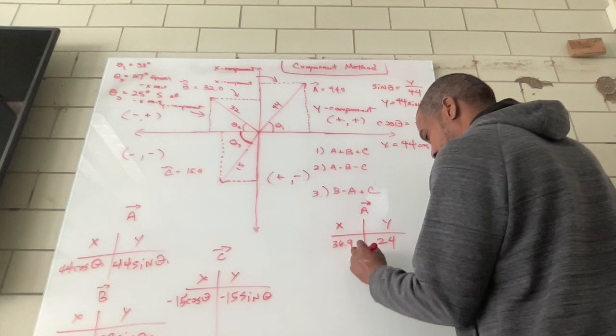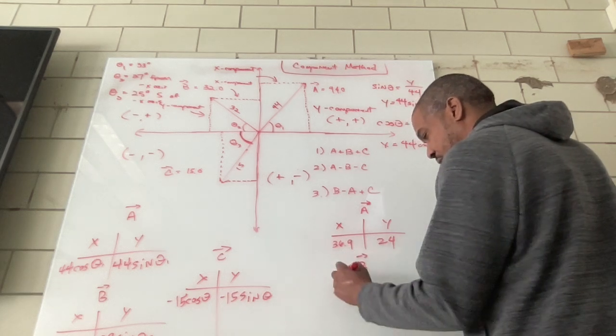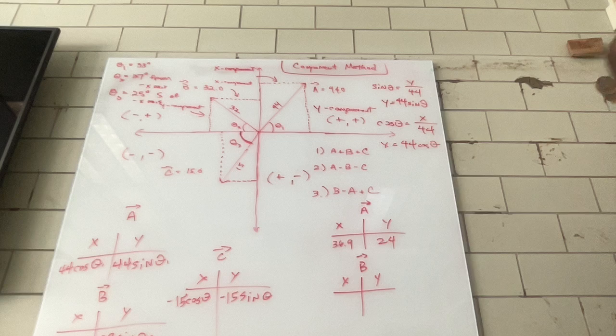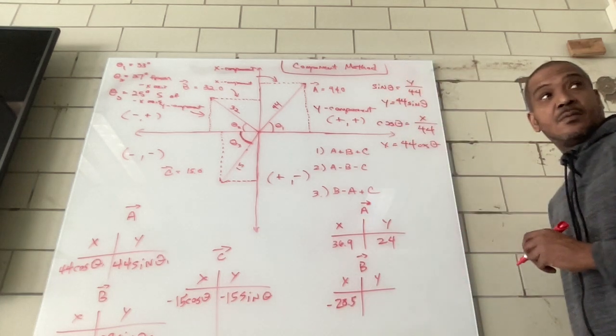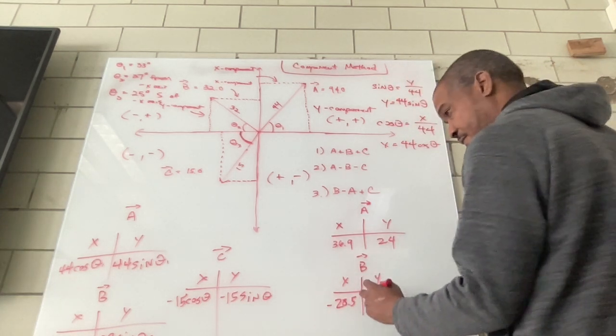So B, what are B? Negative 28.5. Then 14.5.